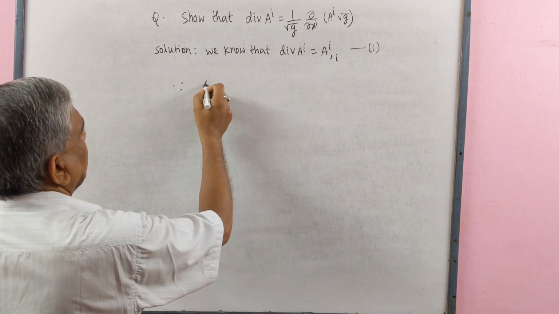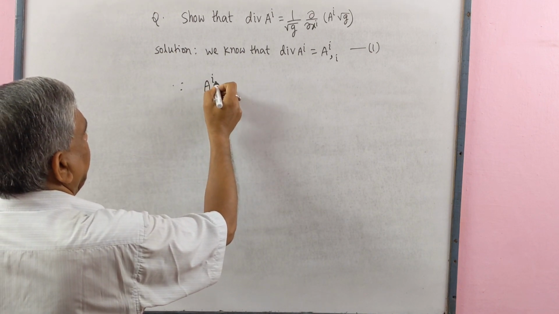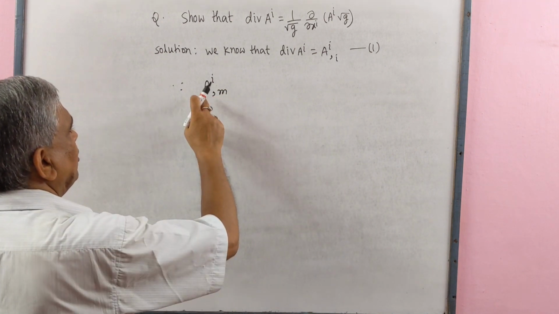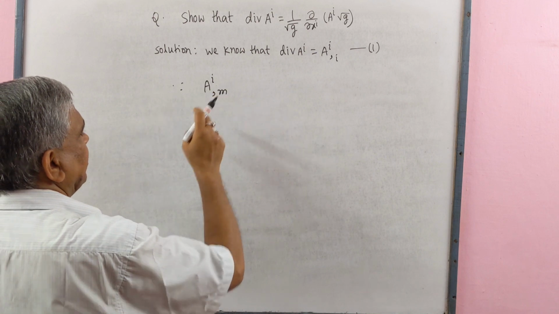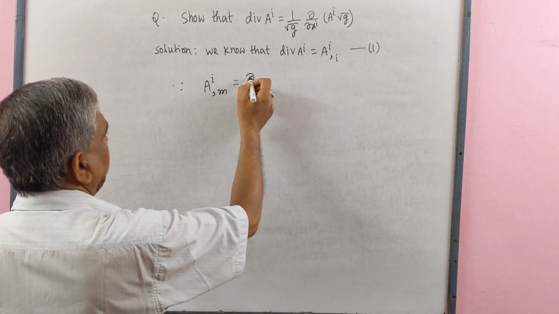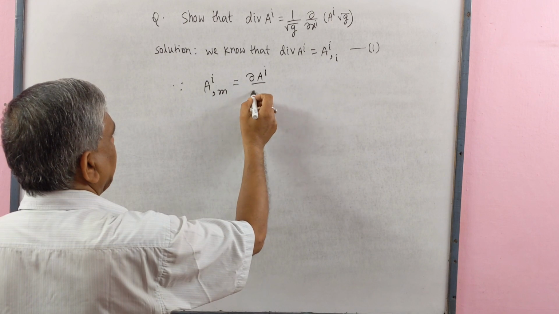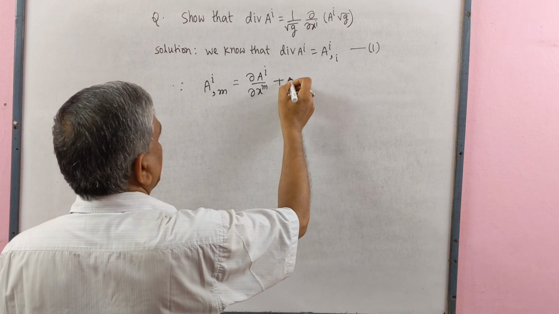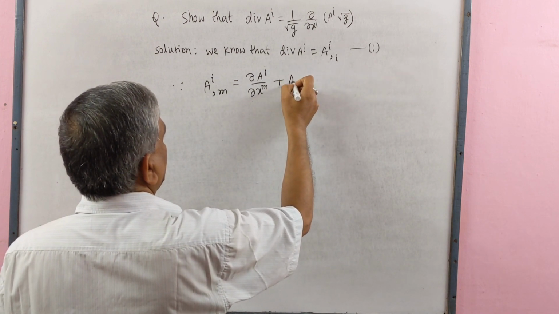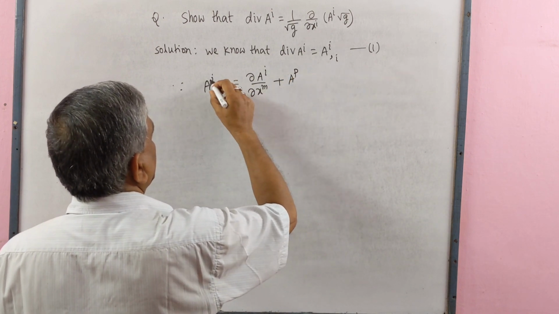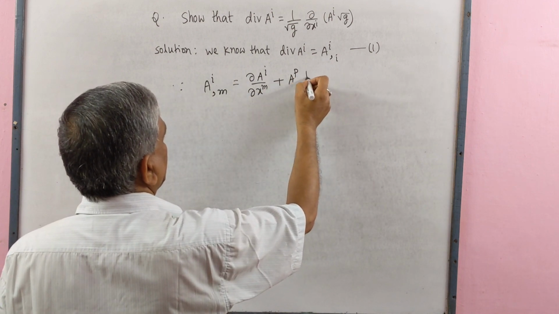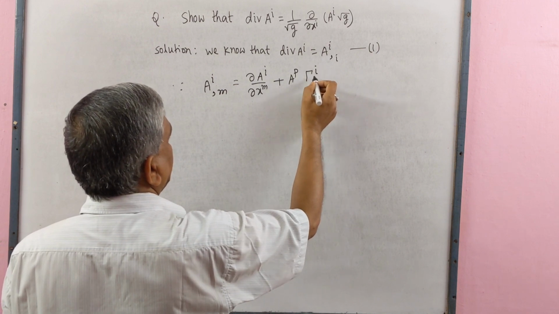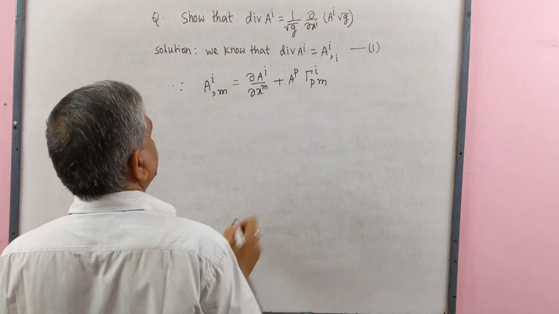Since A^i comma m, which means covariant derivative of A^i with respect to x^m, equals del A^i by del x^m plus A^p, replacing i by p, Christoffel symbol of the second kind {i, p m}.